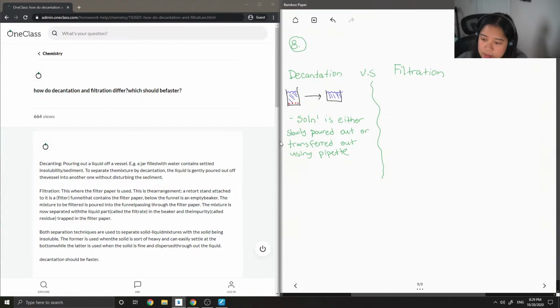But basically, you have to wait until your particles are settled at the bottom. So in this case, it's red. So I'm going to write that down as well. Need to wait for particles to settle before you start pouring it out.